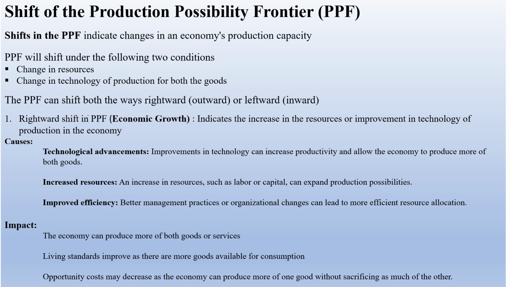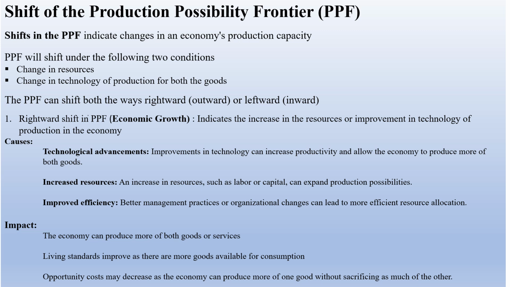In the second case, increase in resources, that means labor and capital, that also helps to expand the production. Third, improved efficiency, better management, better organizational changes or allocation of resources, that also helps to improve the production. Then the impact: the economy can produce more of both goods or services.